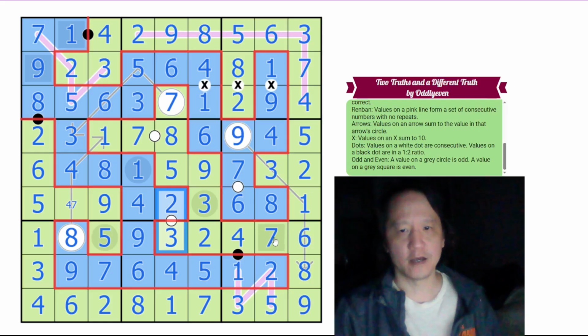And then we have odds and evens, circles. When blue is doubled, this is 2, this is 3, that's 5, which means those two are odd. When green is doubled and blue is not, this is 6 and 10, which are not odd, and 1, which is odd.